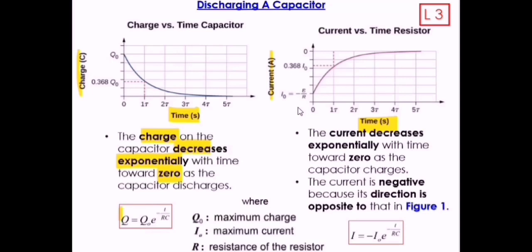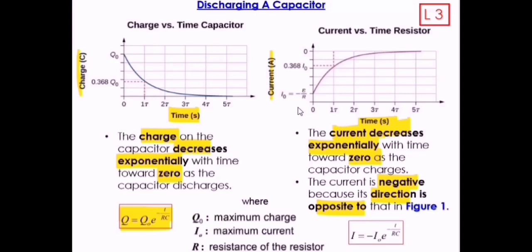So we have this equation. And the current will also decrease exponentially towards zero, and the current is negative because its direction is opposite.